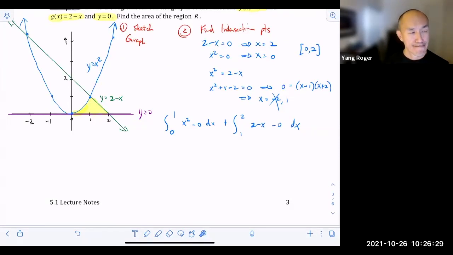Okay. And then I just integrate each piece. So this guy is going to be the antiderivative of x squared, which is x cubed over 3, going from 0 to 1. The antiderivative of the second piece is going to be 2x minus x squared over 2, going from 1 to 2 like this.